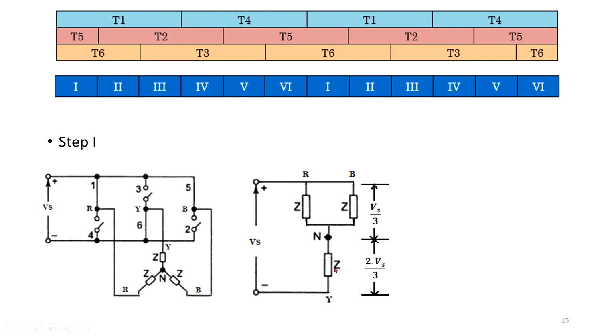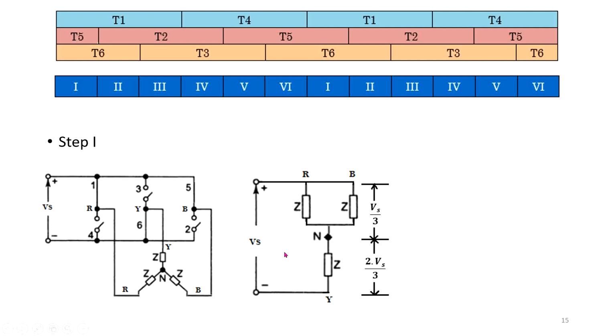Similarly this is Z, and if you apply a voltage division principle, then you know that this impedance is half of this one, okay, and two times the voltage will be appearing across this one and one time is appearing across this one. If you add up these two you will get the total source voltage.